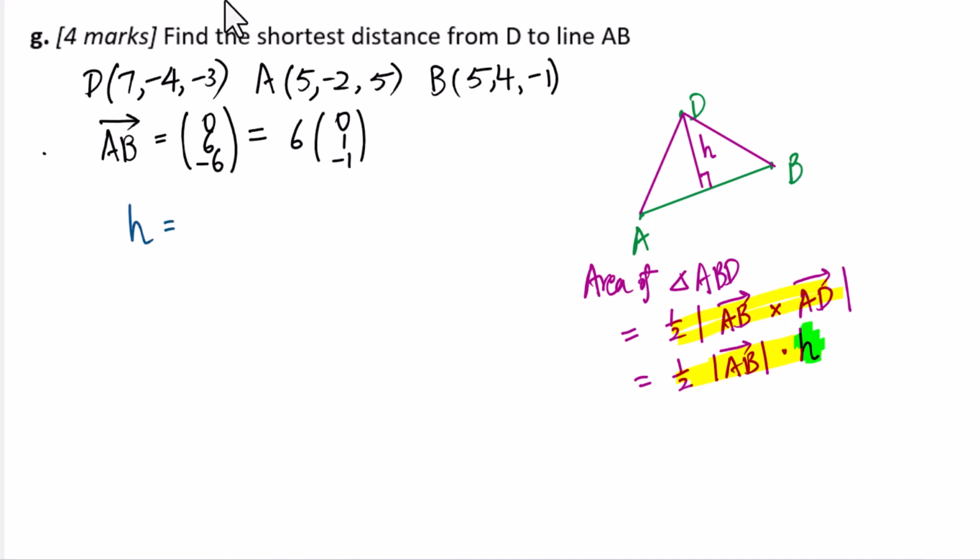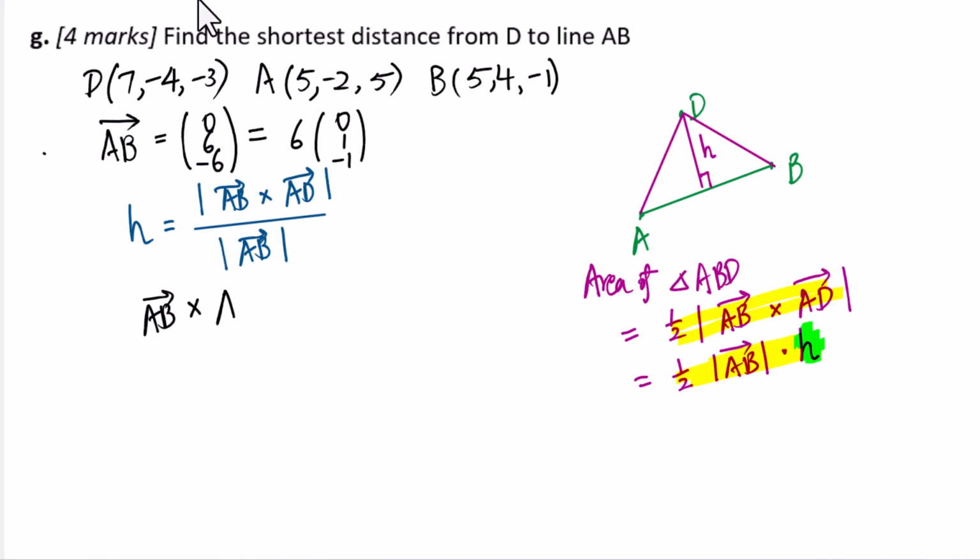H equals absolute value of vector AB cross vector AD all over absolute value of vector AB. Let's work out vector AB cross vector AD.